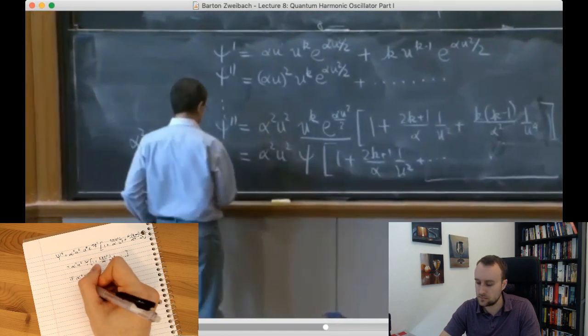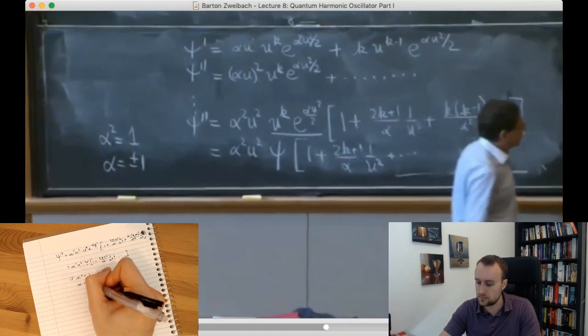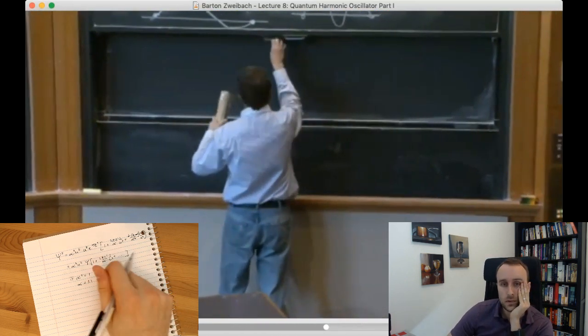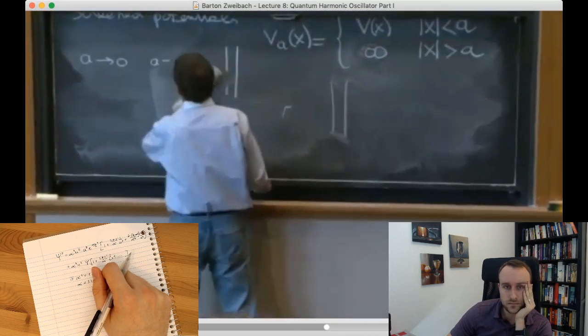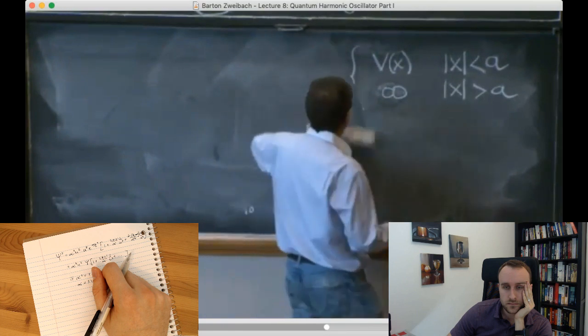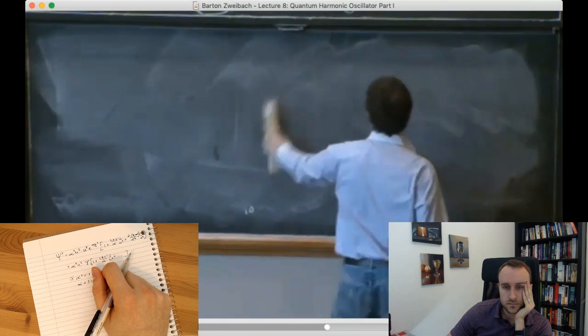And roughly, this solution near infinity, there are two solutions. This is a second order differential equation, so even near infinity, there should be two solutions.